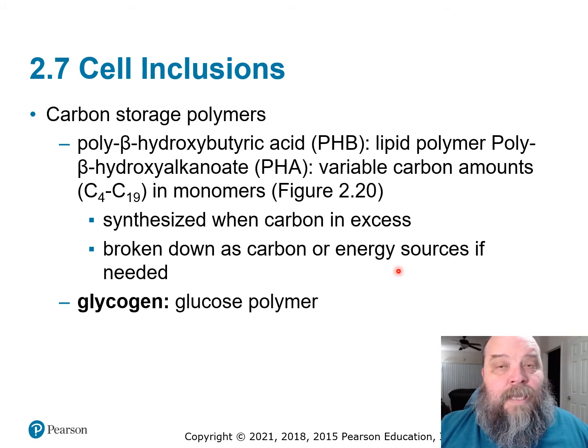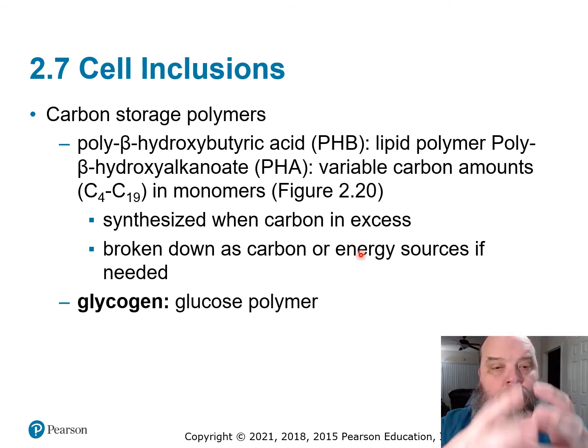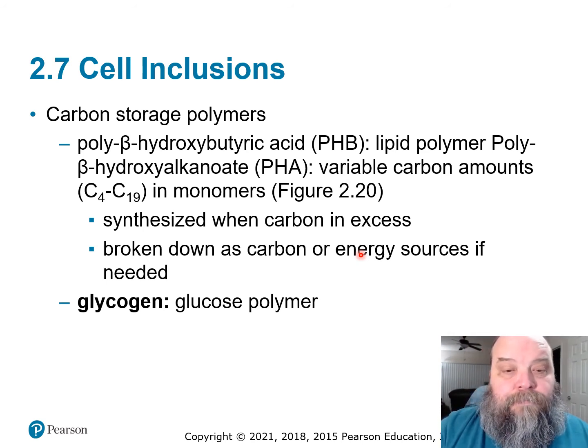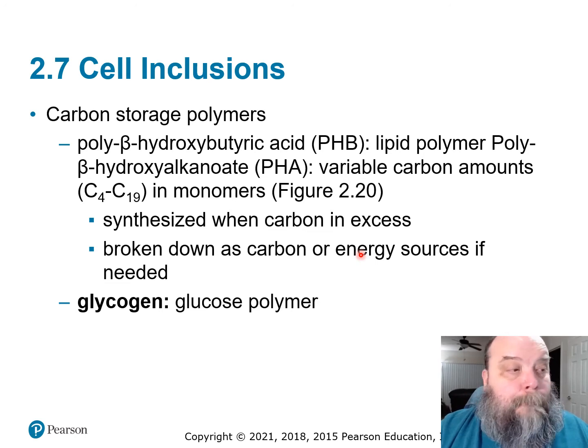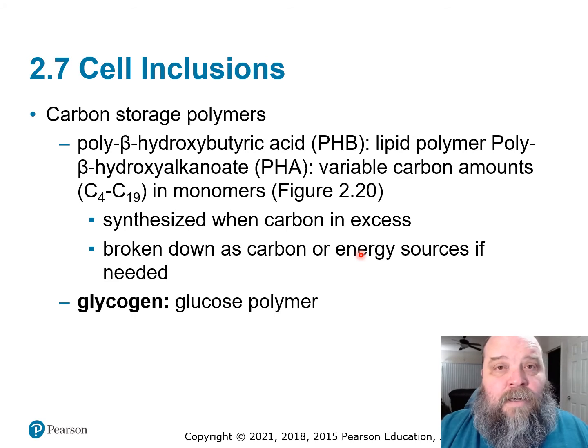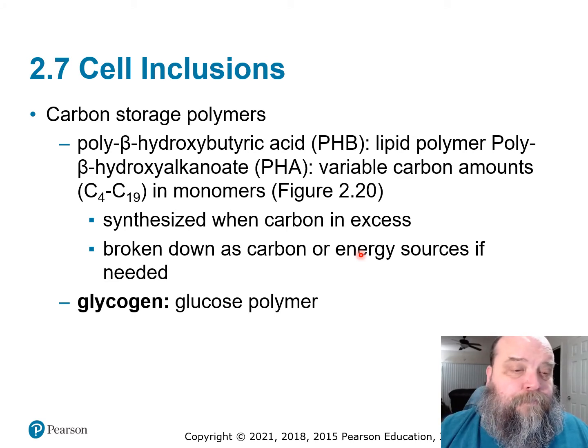And instead of breaking it down catabolically and then having to go through all the time and energy to anabolically replace these at a later point, take this overproduced stuff and clump it together somewhere in the cell. Here's a ball of PHB, a ball of PHA. You can break that down later and use what you need of it, leaving the rest there for another time.